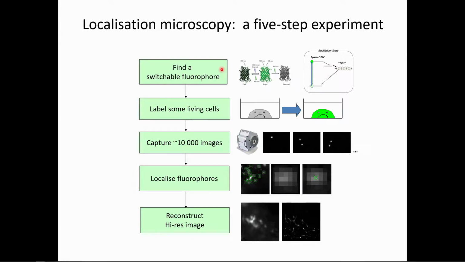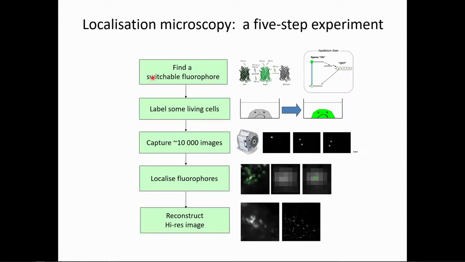In fact, you want it sparser than that, but that's the minimum. So you need to have less than one molecule on in your field of view per PSF area, because otherwise we can't distinguish the PSFs. So in practice, you make it even more sparse than that, meaning even fewer molecules need to be on.